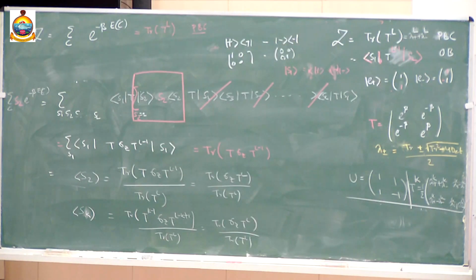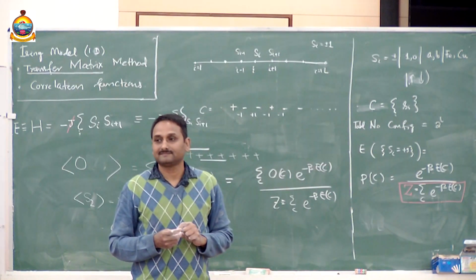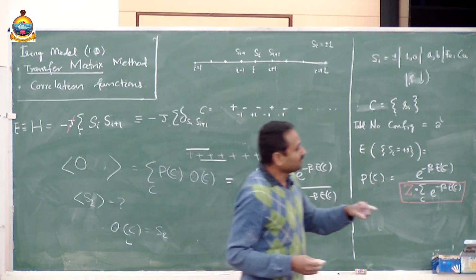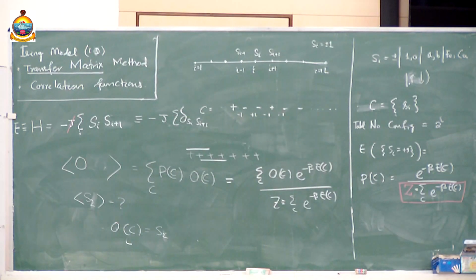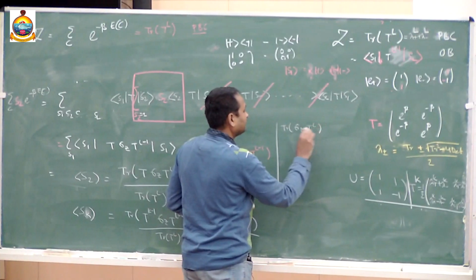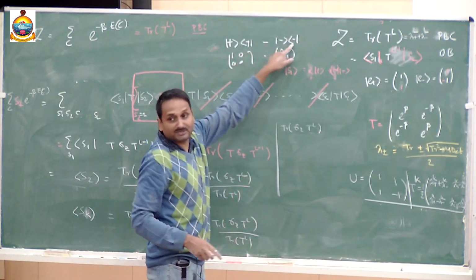So now the question is, instead of finding S2, let us find what's the value. Can we find that? Let us calculate trace of sigma z T to the power L. So can I find the value? Trace of sigma z T to the power L, and sigma z is a matrix like that, plus plus, minus minus.